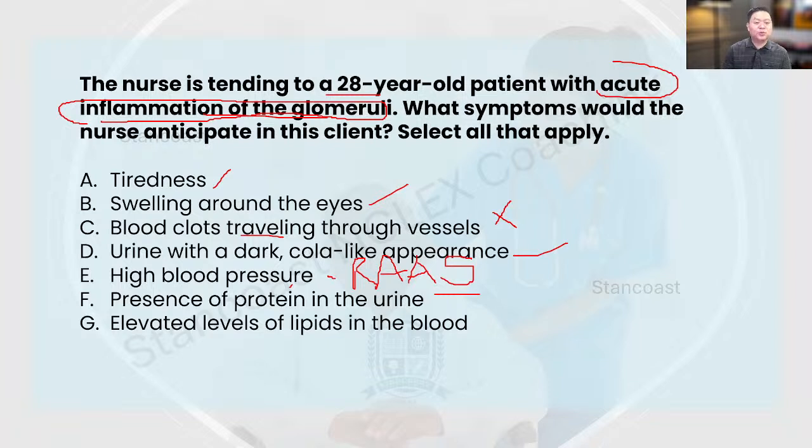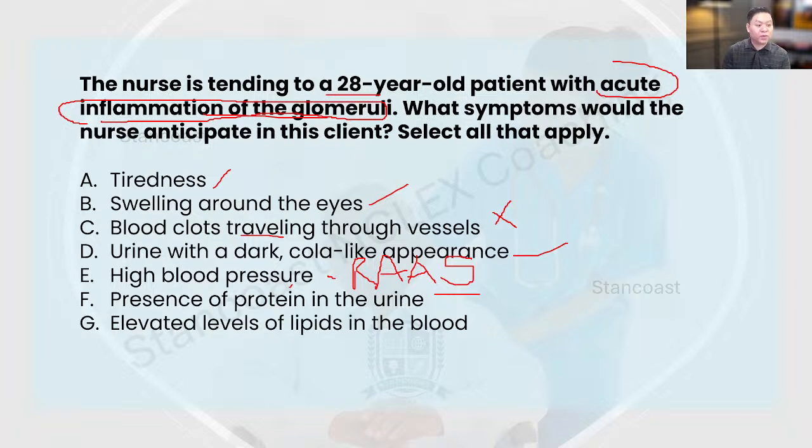Now at this point, we're going to have to focus on your test taking skills here. So again, you need to be familiar with the different signs and symptoms of the acute glomerulonephritis. Also those fluid overload, edema, kidney dysfunction, hematuria, proteinuria. It's very important. And also use the process of elimination in order that you can eliminate those distractors, those manifestations that are not typically associated with acute glomerulonephritis.